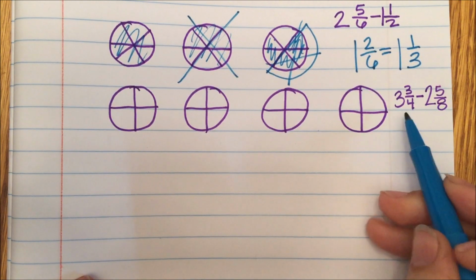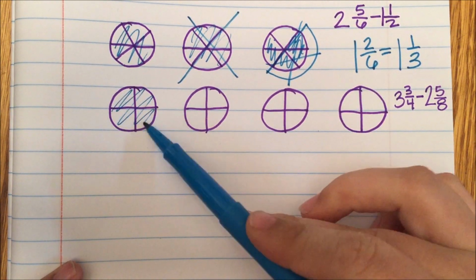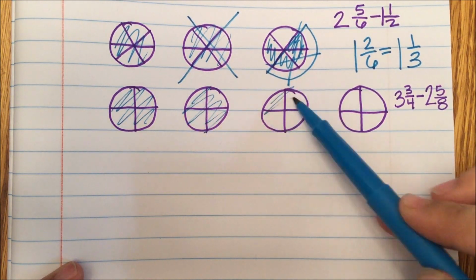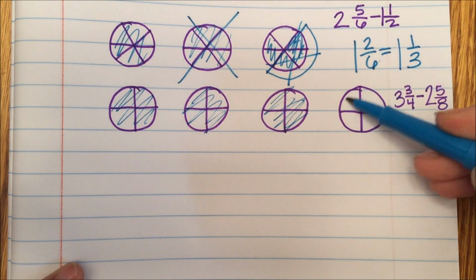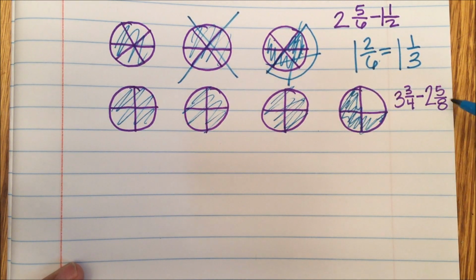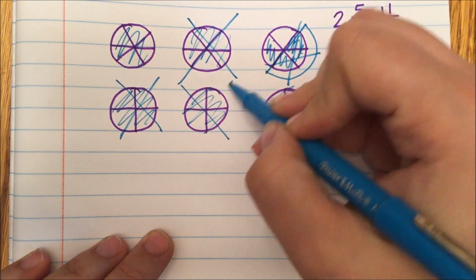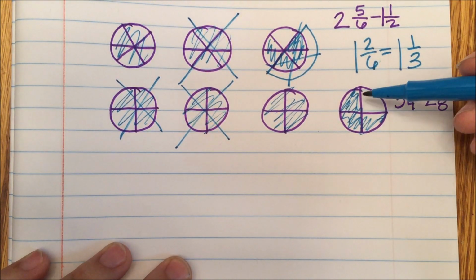3 3/4 minus 5/8. So I've got 1, 2, 3, and 3/4 minus 2 5/8. So I can go ahead and take away 1, 2, and then 5/8.